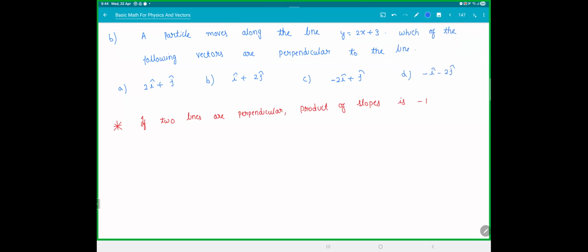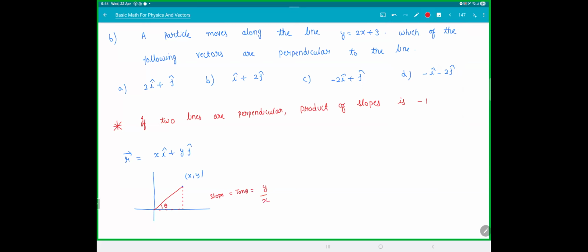Now, if someone gives you a vector, how do you get the slope of that? Let's say the vector is xi plus yj. So x and y are simply the coordinates. Indirectly, you are asking to find the slope of this line. So slope tan theta is y by x.